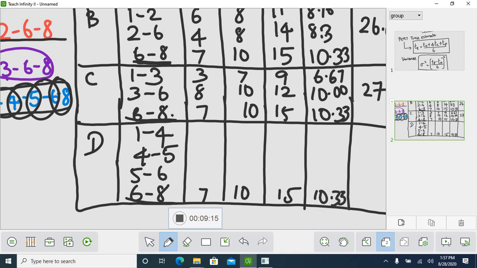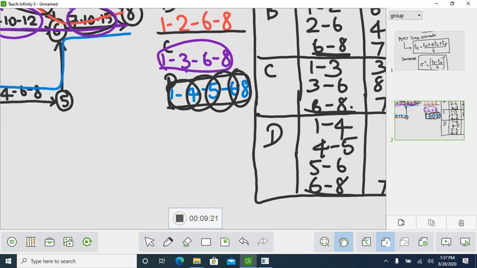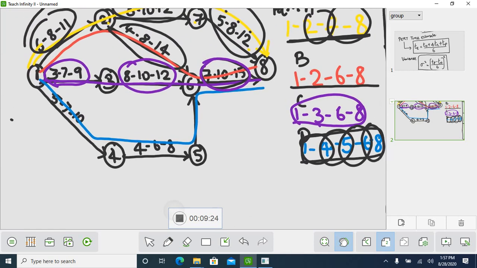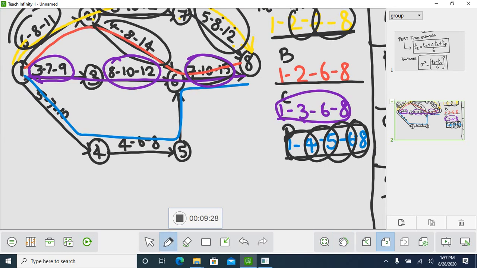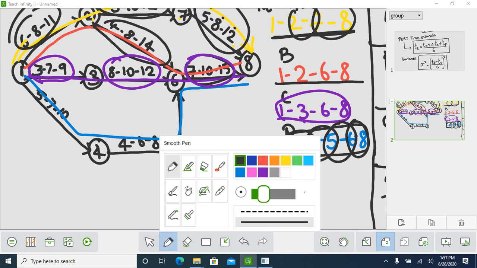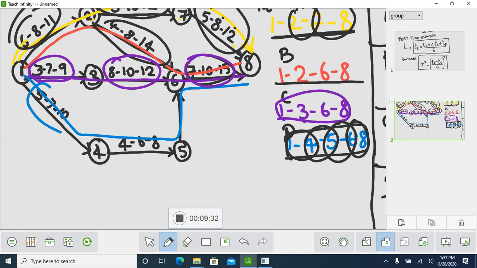That is 10.33. Next, for 5 to 6, we have to take the activity. Note down the activity, students. For 1 to 4, write down 5, 7, 10. For 4 to 5, we have 4, 6, 8.